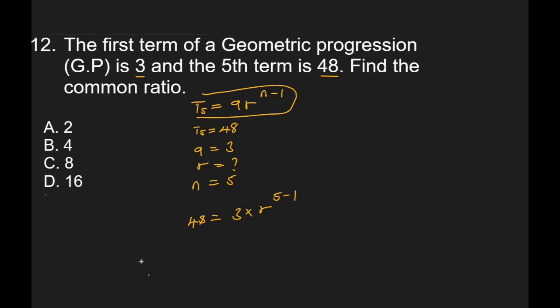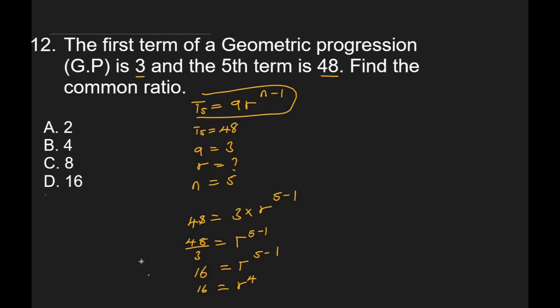And this in return can be equal to r raised to the power 5 minus 1. If you cross multiply, 3 comes here and divide 48. So 16 is equal to r raised to the power of 4.